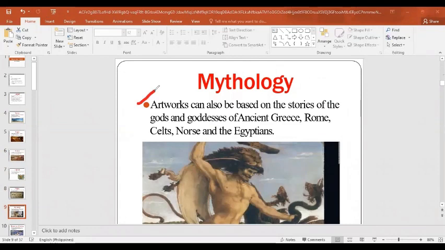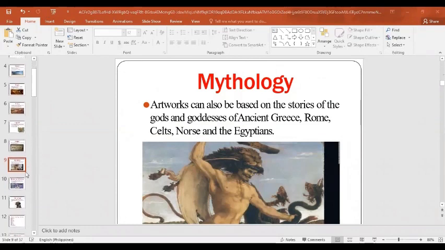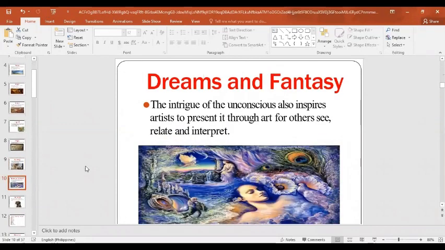Artworks can also be based on the stories of the gods and goddesses of ancient Greece, Rome, Celts, Norse, and the Egyptians. So next, aside from that, I know maraming makaka-relate with dreams and fantasy.